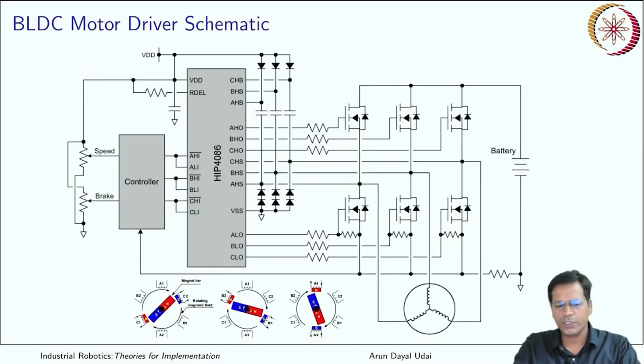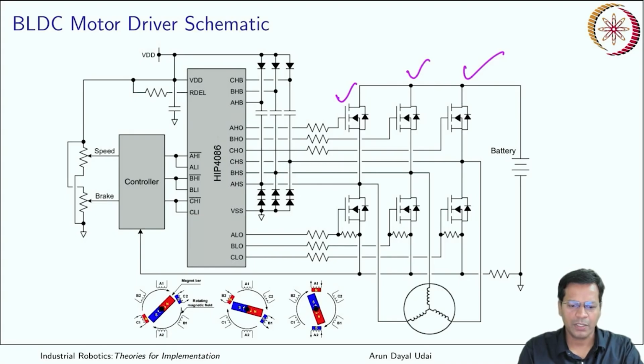Okay, so this is what goes. There are many dedicated chips. One of them is HIP 4086. It has a similar connection, so it can trigger the switches which are there. You see, you have one switch A, B and C, you have A bar, B bar and C bar. Okay, this is to check any reverse polarity which is happening.